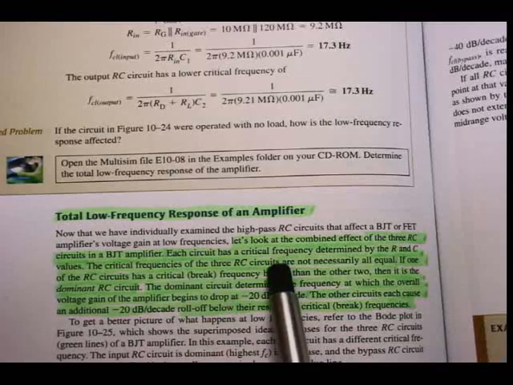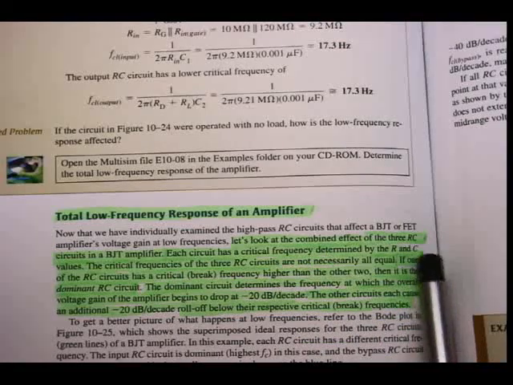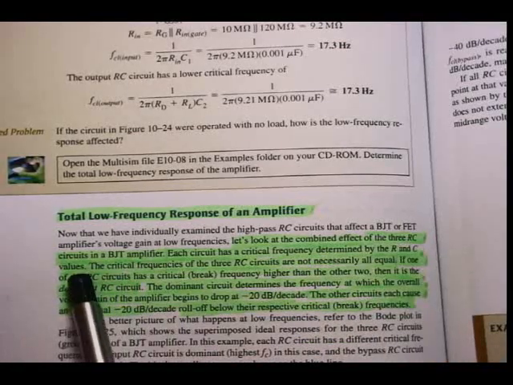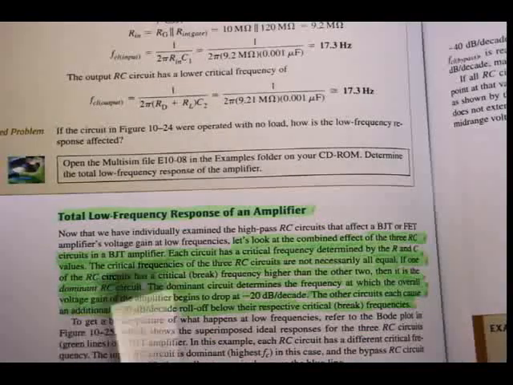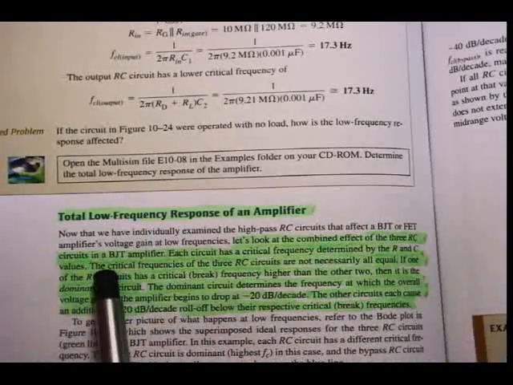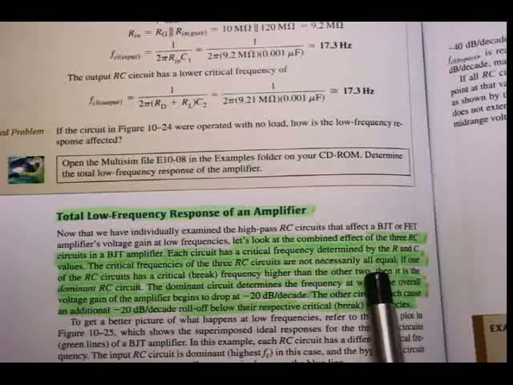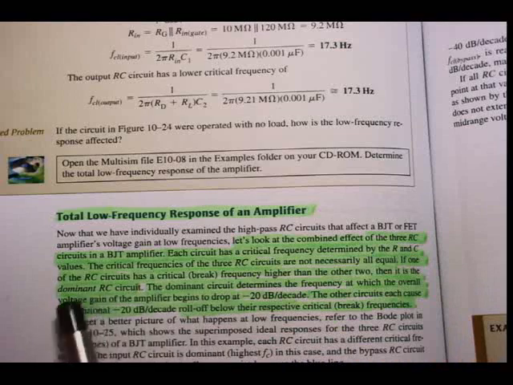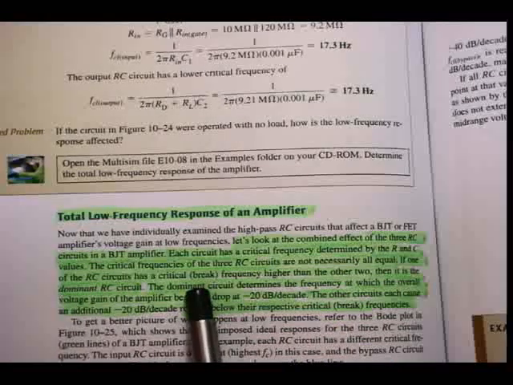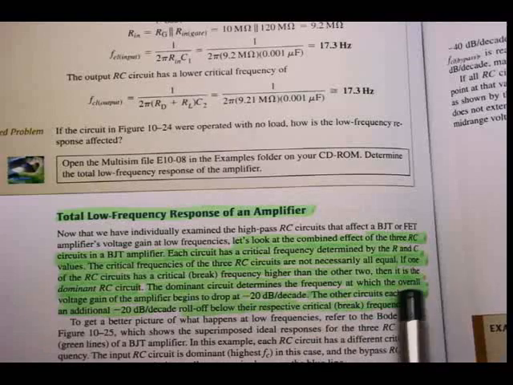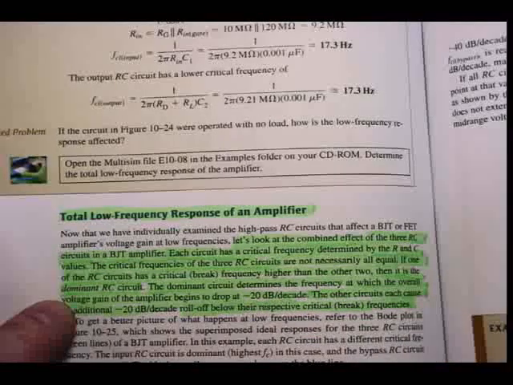Each circuit has a critical frequency determined by the R and C values. The critical frequencies of the three RC circuits are not necessarily all equal. Alright, they may differ. If one of the RC circuits has a critical frequency, also called break frequency, higher than the other two, then it is the dominant RC circuit. Please underline.